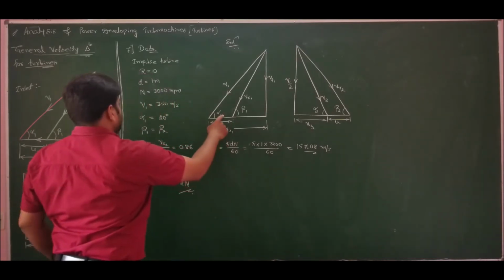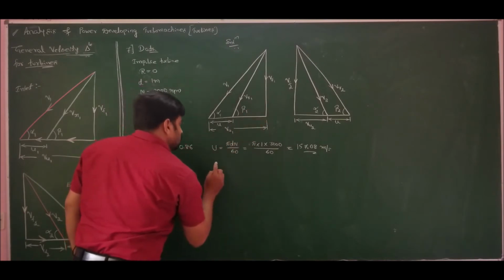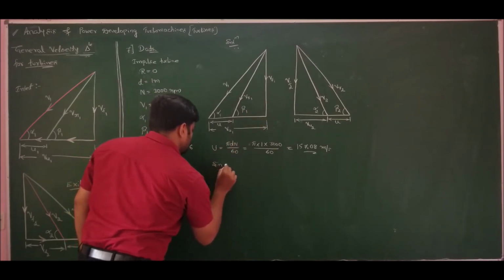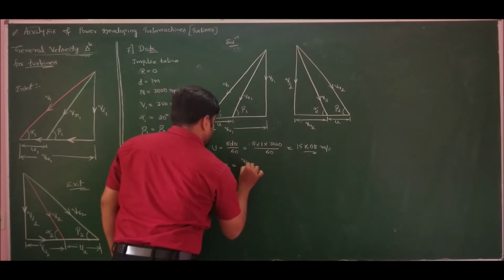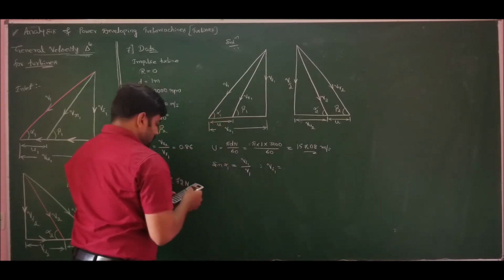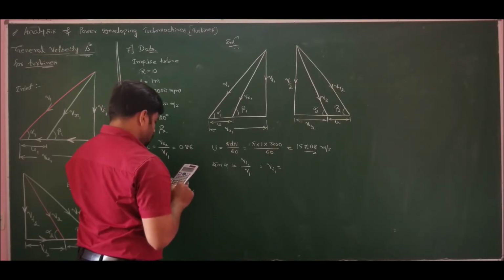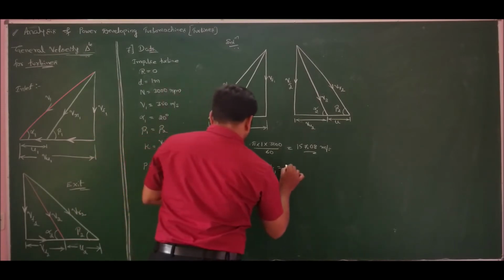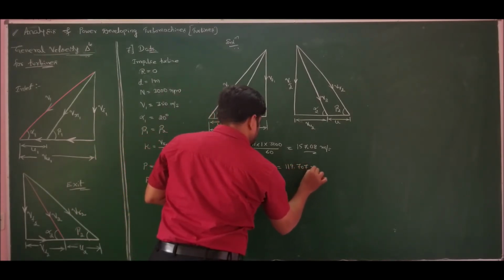We know alpha 1 and V1, so we can find Vu1 and Vf1. Using sin alpha 1 is equal to Vf1 by V1, Vf1 is V1 sin alpha 1, which is 350 into sin 20, giving 119.707 meters per second.